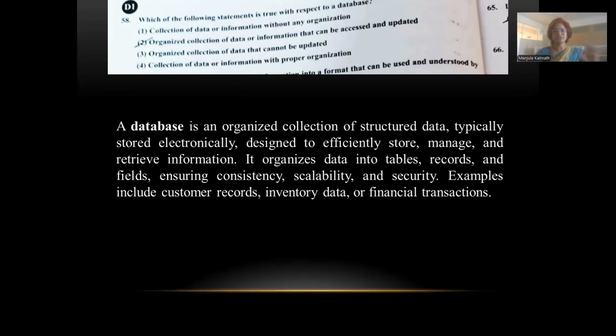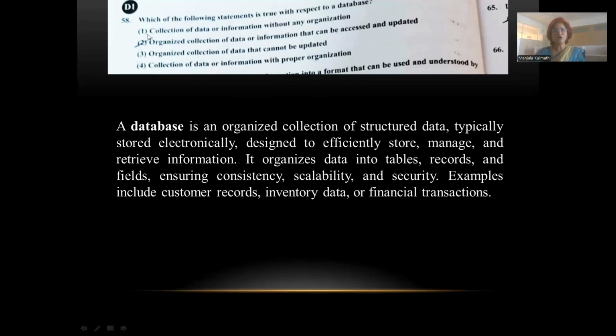Organization of the data takes place in the database. We access the data of that database through the application programs, and this application program accesses the database through the interface of the DBMS. DBMS is a collection of software which provides services for the user by accessing the database.